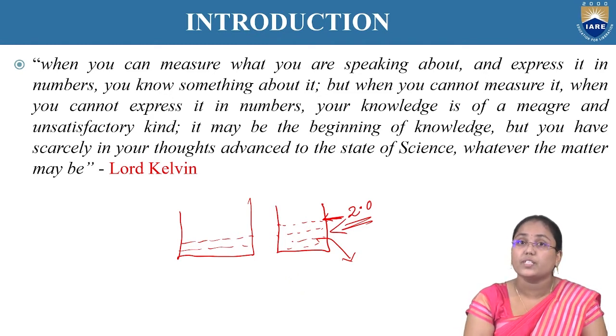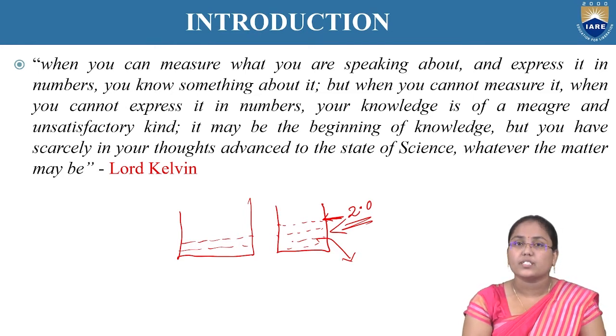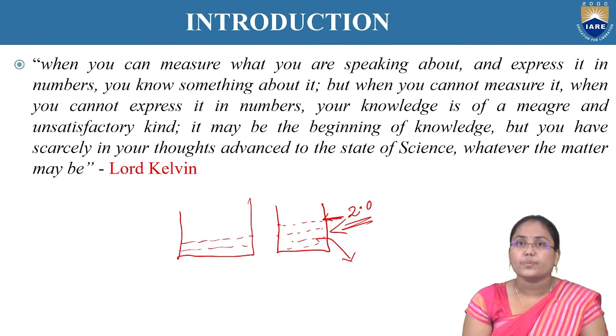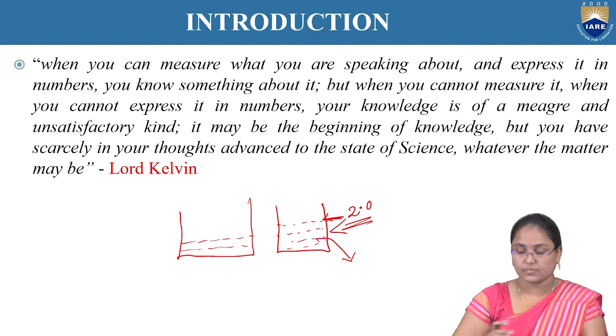Rather, if we say that 2 liters of liquid is filled in the particular container, then it makes sense. So when you can measure what you are speaking about and express it in numbers, then you make sense. Otherwise, they'll say that you have very unsatisfactory knowledge about the particular thing.